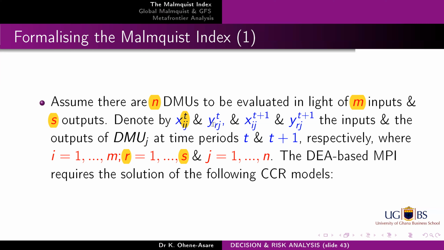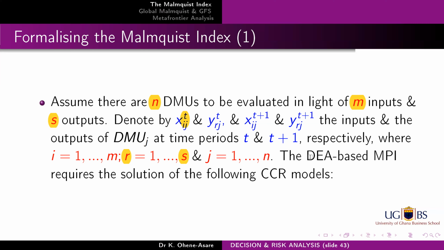That is why you have y_rj. That is the specific output of the jth firm in time period t. j is one of the DMUs, and the total number of DMUs is n.